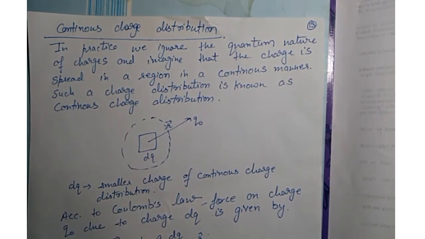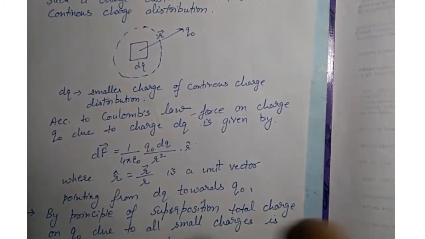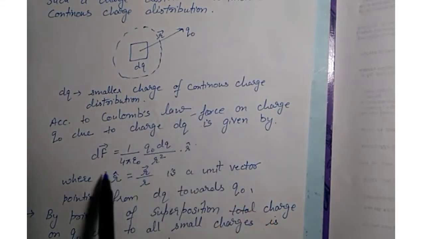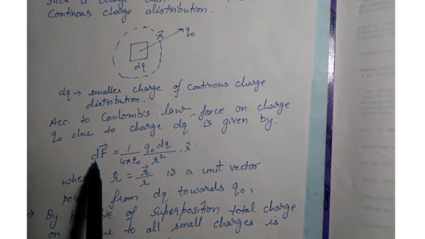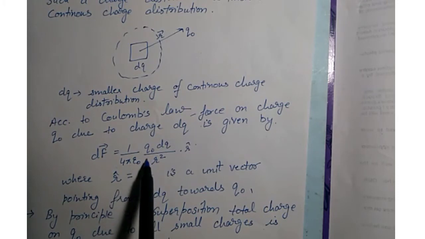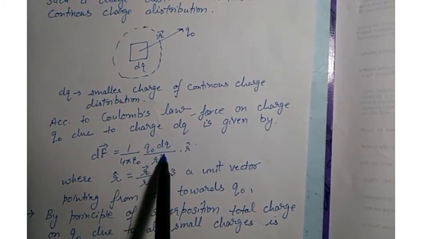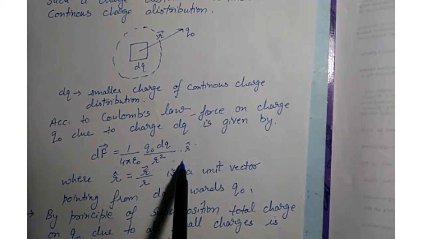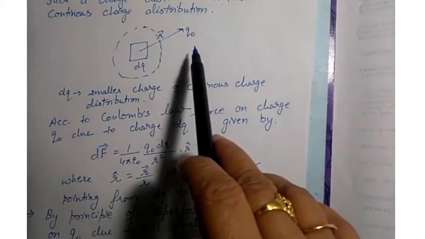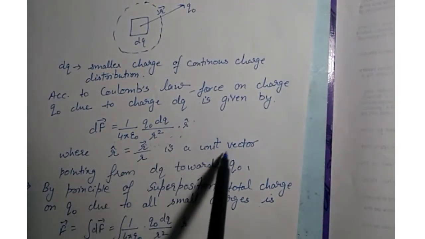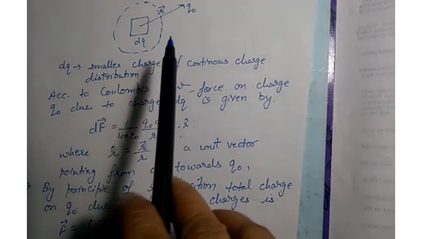According to Coulomb's law, the force experienced by this test charge due to charge dq is given by df vector equals 1 upon 4 pi epsilon naught q naught dq upon r square, times the unit vector that shows the direction of force acting on this test charge.